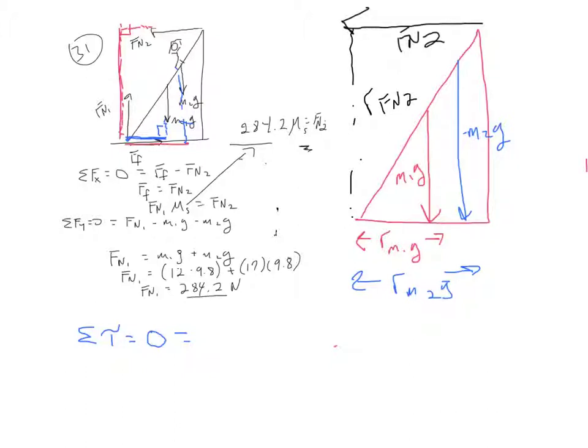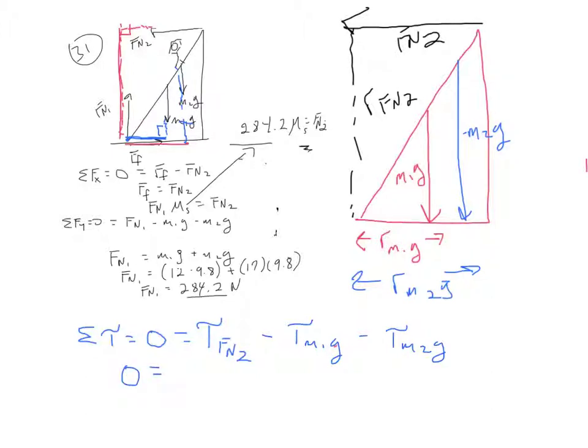Now we need to do our torque equation. Positive torques are counterclockwise torques, so Fn2 has the tendency to make this ladder want to go counterclockwise, so it's a positive torque. M1G and M2G make the ladder want to go around like this, which is clockwise, defined as negative torque for us. So the positive torque is due to Fn2, and the negative torques are due to M1G and M2G. All of this will add up to 0 since we're in static equilibrium.